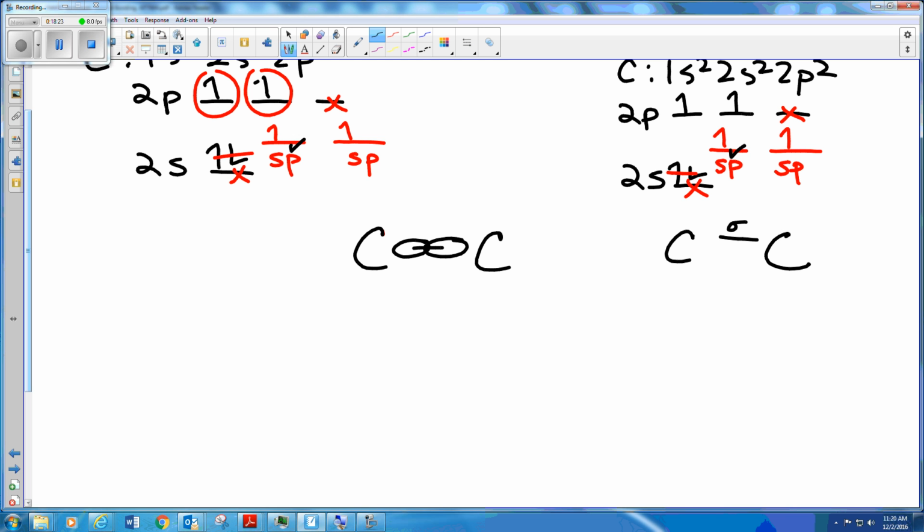Once again, the first bond in this molecule is a sigma bond. We're going to take the sp hybridized electron, 1 from each carbon, and form the sigma bond in the middle of the 2 carbons. That leaves 1 sp hybridized electron left. We'll place it to the side.